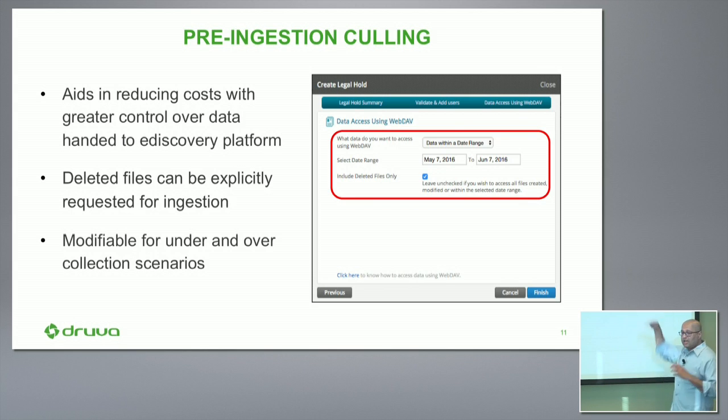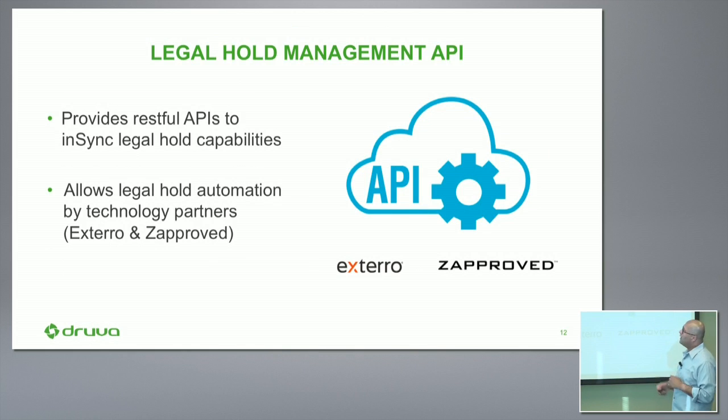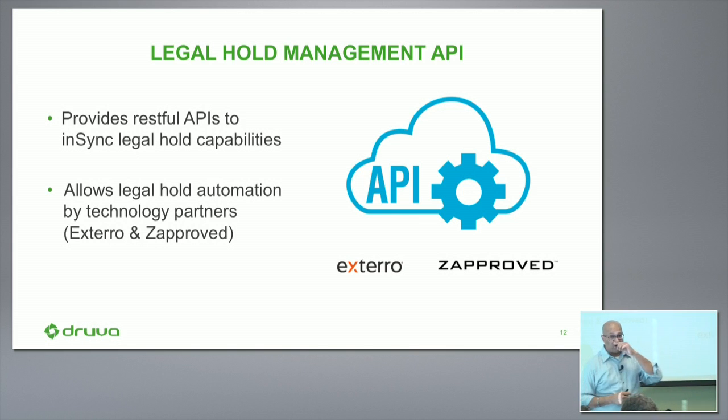Nevertheless, the ability to fine-tune the type of data that is needed for any legal matter is now available in the product. And this is where we have taken this a step further, where we now have legal hold APIs that partners like Xtero and Zapproved can leverage.